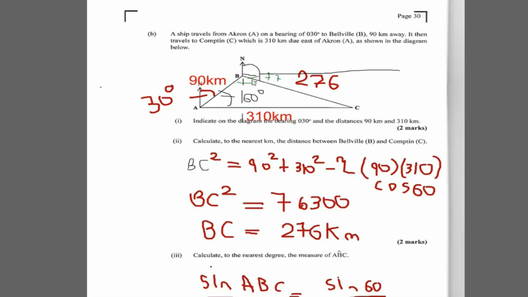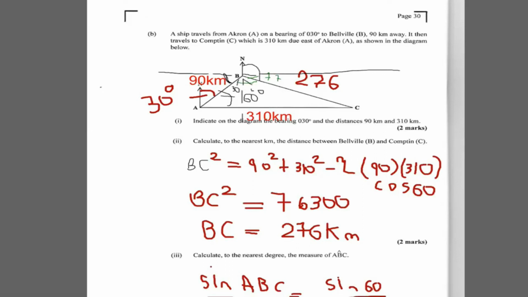Now, how are we going to find this small piece in here? There are many ways to find that small piece. Z angles are equal. So what do we know? We know this angle is 60, this angle is 30. If this angle is 30, then this piece is 47.